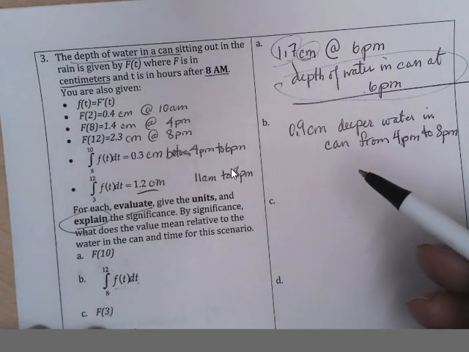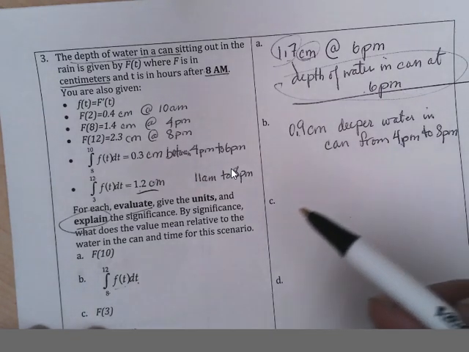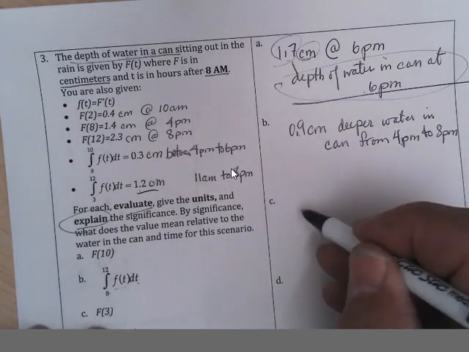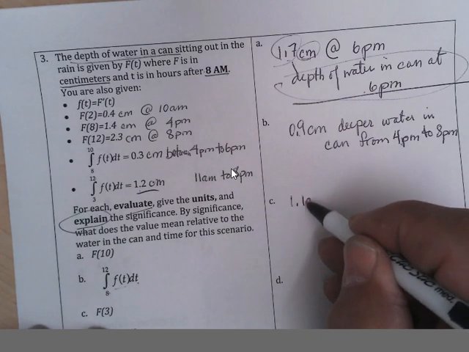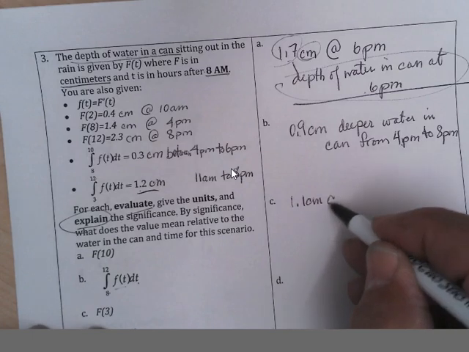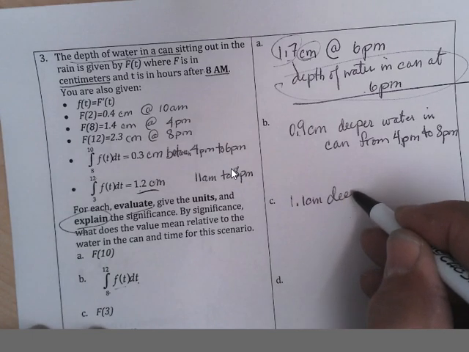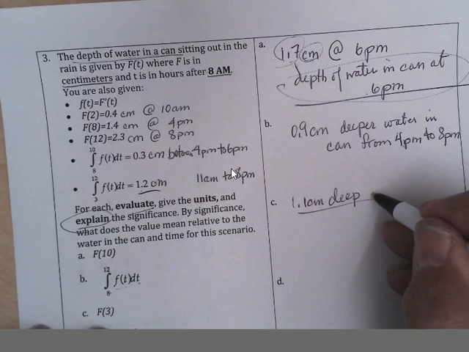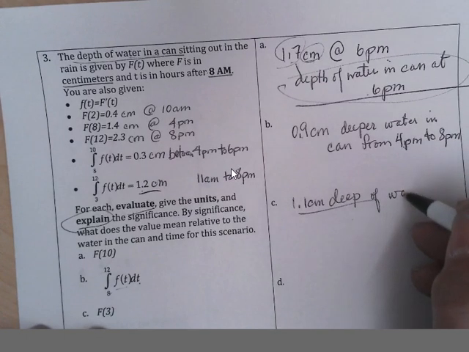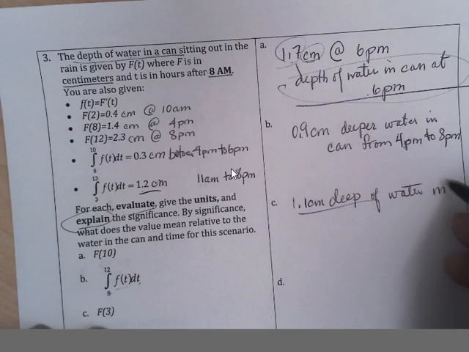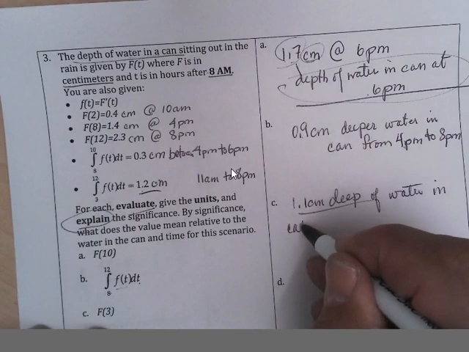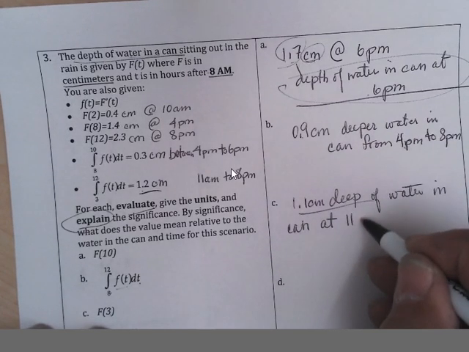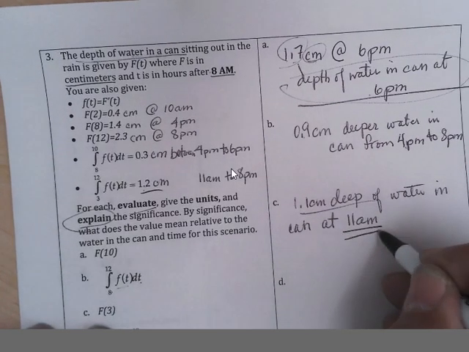It gained 1.2 to get to 2.3, so we have to subtract the 1.2 from the 2.3, and we get 1.1 centimeters deep. That's the water in the can at 11 a.m.